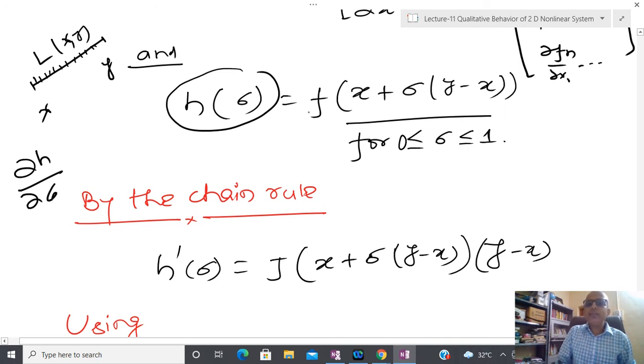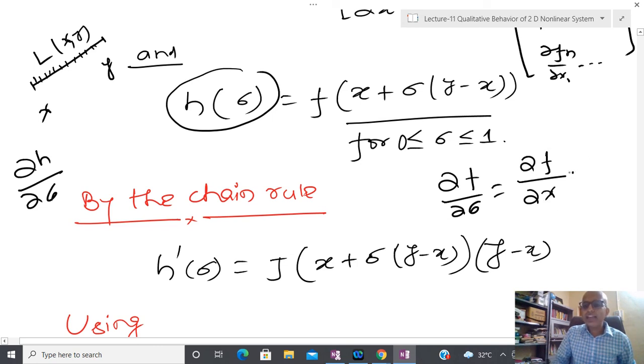If you take the derivative, then ∂f/∂x comes into the picture. So I have to calculate ∂f/∂σ. I can write ∂f/∂x, and after that I have to write ∂x/∂σ.